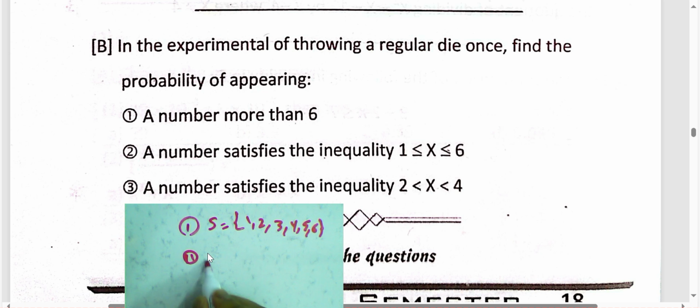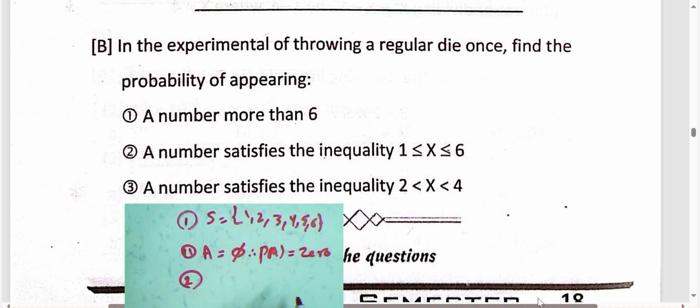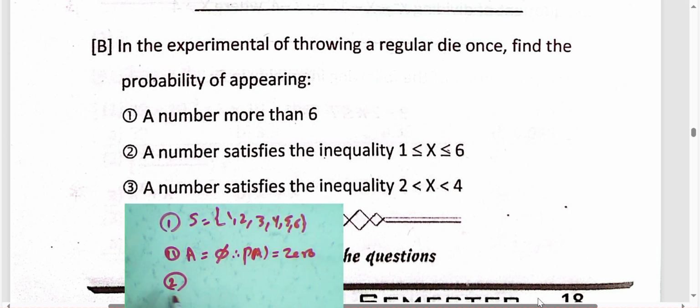For question number 1, the event of a number more than 6 is the null set. We don't have a number more than 6, so the probability of A is 0. Number 2, numbers satisfying the inequality x greater than or equal to 1 and less than or equal to 6: 1, 2, 3, 4, 5, and 6. The probability of B is 6 over 6, equal to 1.